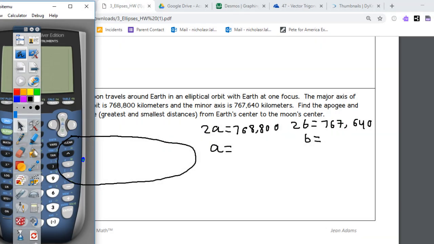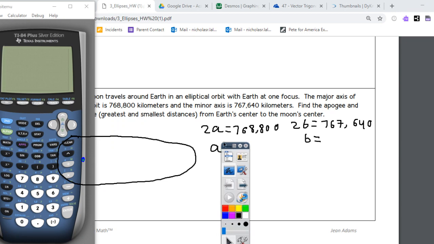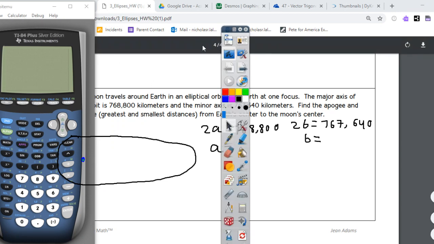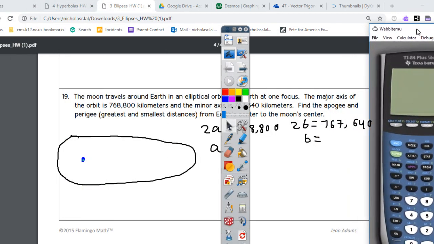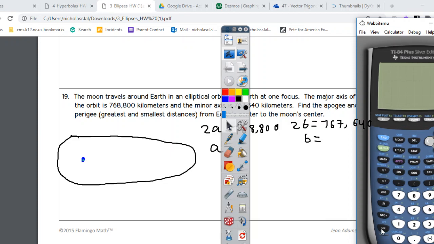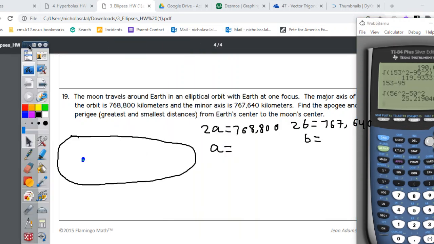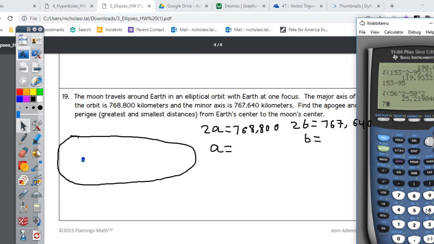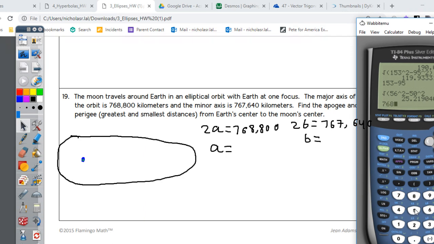Just to be safe, I'm going to pull up the calculator. 768,800 divided by 2, and 767,640 divided by 2.